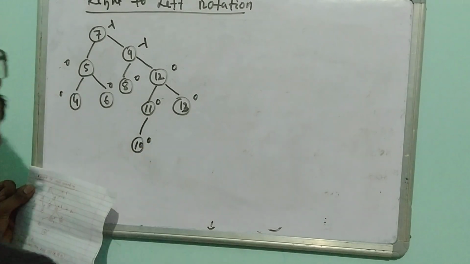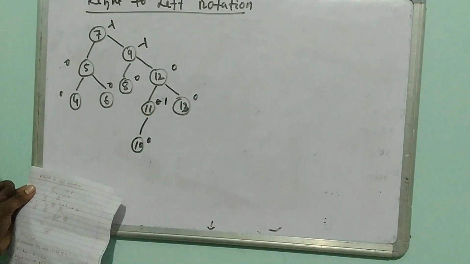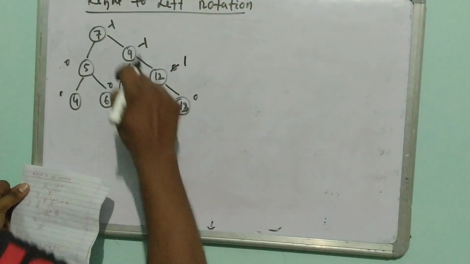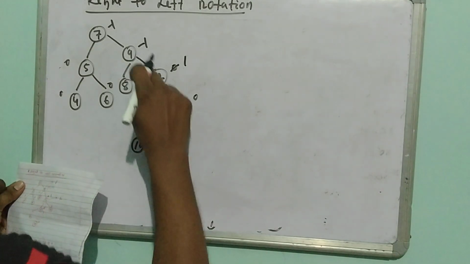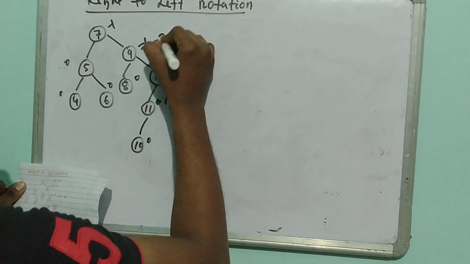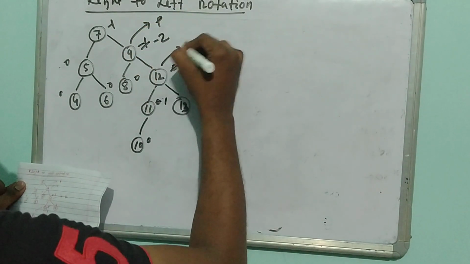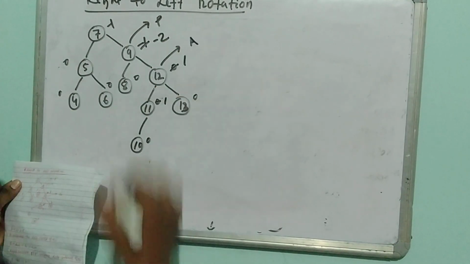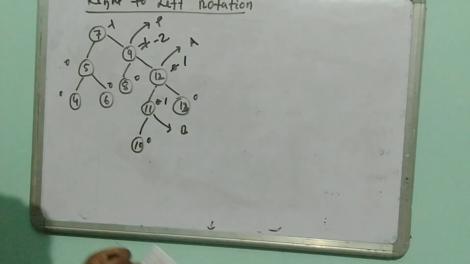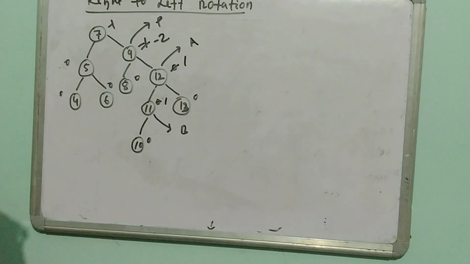So this becomes 0, this becomes obviously 1, this is 1, and where this part is there, this is 1 2 3 and 1, here it becomes -2, and the pivot node is there, and the right part, sorry, my mistake, A, and the left part becomes B.